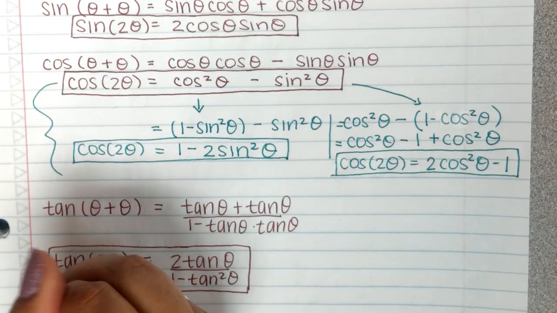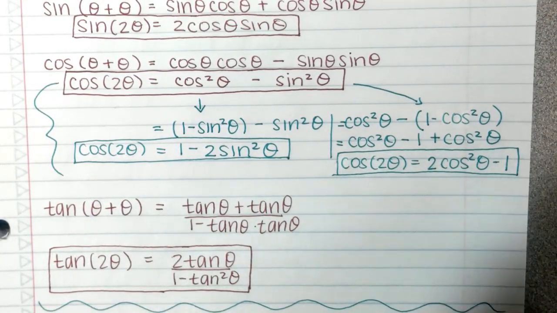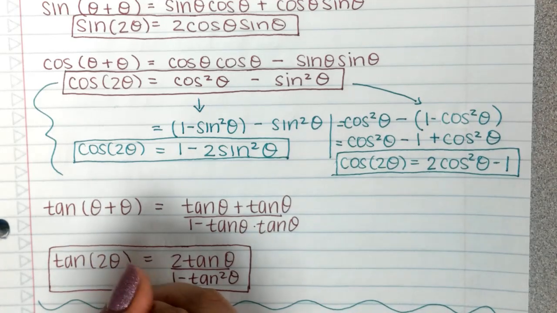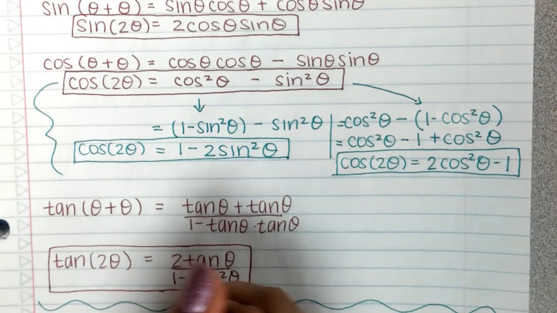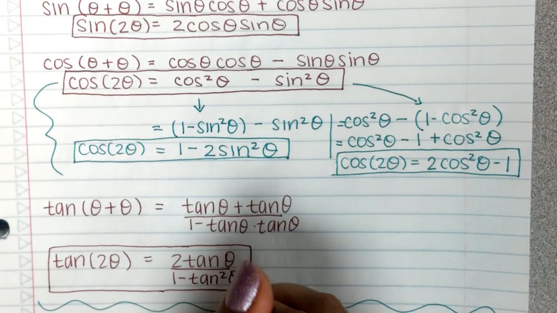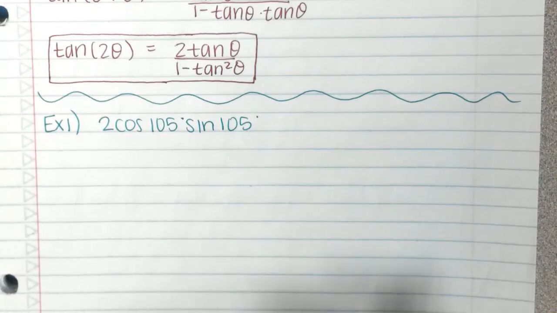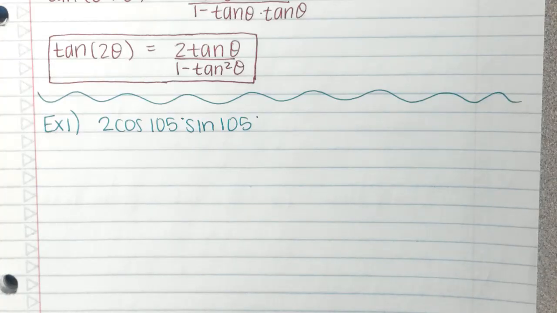So let's do some examples. Example 1, find the exact value of 2 cosine of 105 times sine of 105.